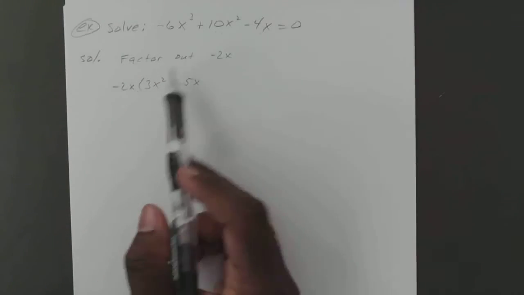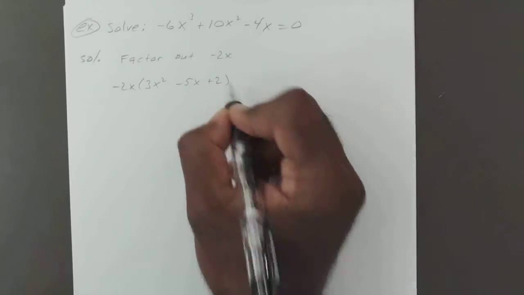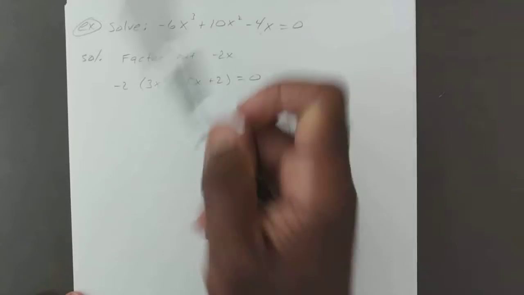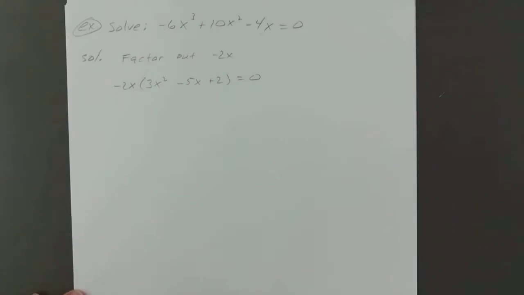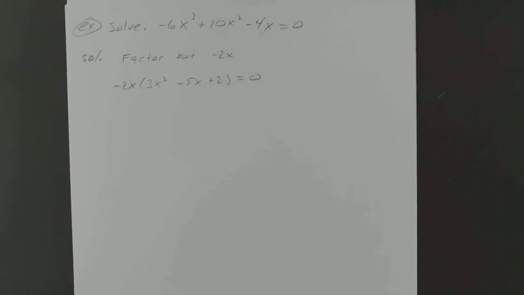And negative 2x times 2 would give us our negative 4x. Alright, and if you want to double check, you can always just distribute and see if you end up right back where you started, in case you were a little uneasy about your factoring.